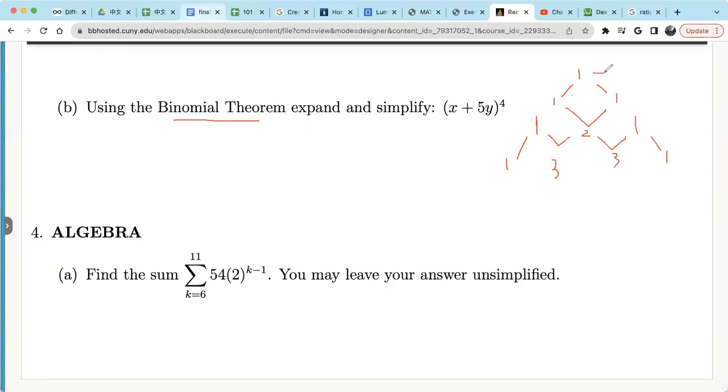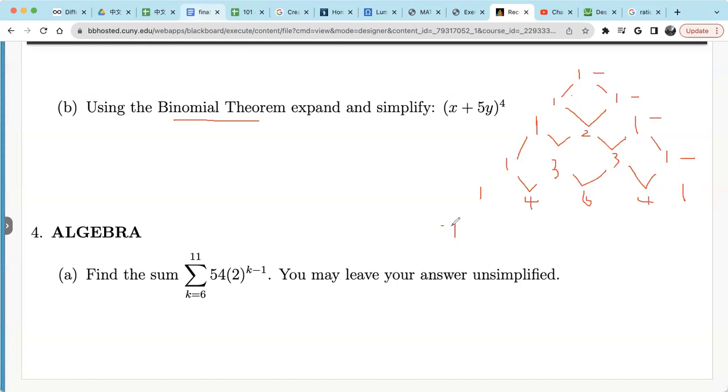Right, so we have a 0 level, first level, second level, third level, let's do the fourth level. 1, these 2 add up to be 4. These 2 add up to be 6. These 2 add up to be 4 again. Then we put a 1 in the end. So we started with 1, we end with 1. Now let's keep doing one more level. This should be the 5th level.